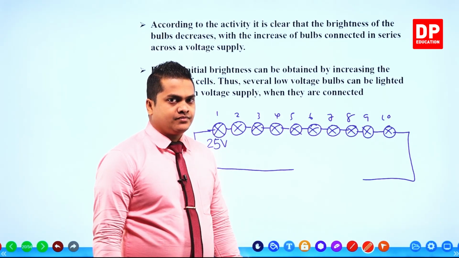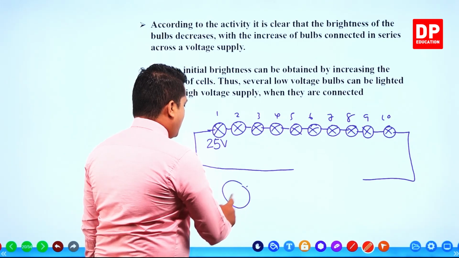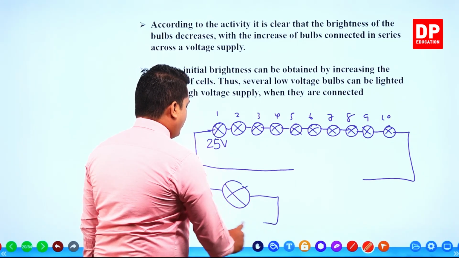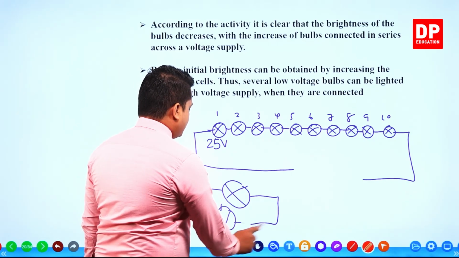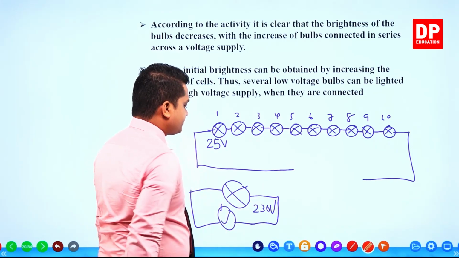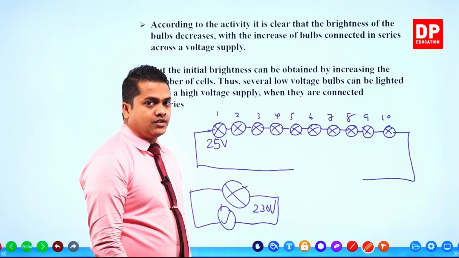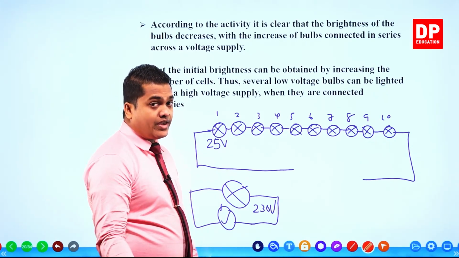Now I'm going to take this one bulb and plug it into 230 volts, the electrical system at your house. What will happen? Definitely this one will burn up and it might also explode.